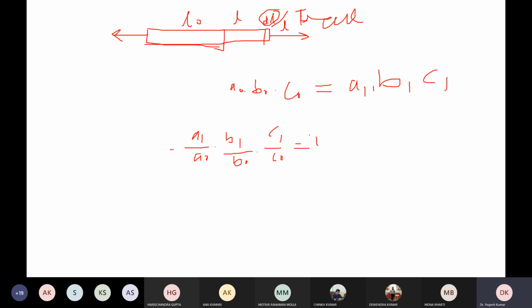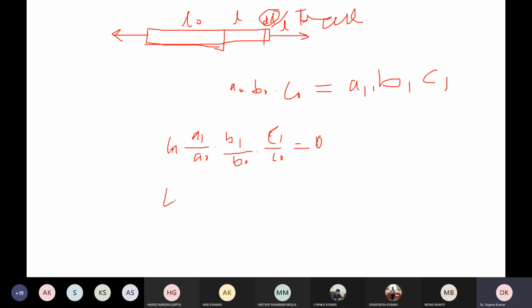Okay, take natural log of both sides. So this will become natural log of A1 upon A0, B1 upon B0, C1 upon C0 equal to 0, because natural log of 1 would be 0.